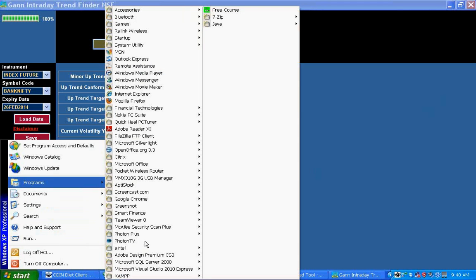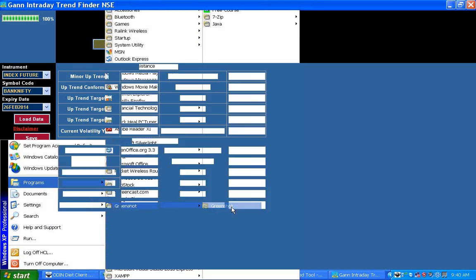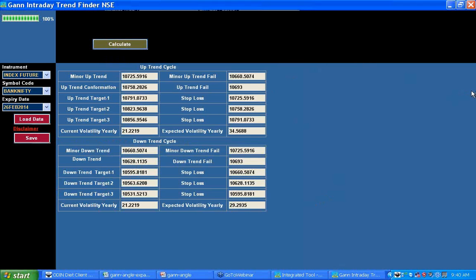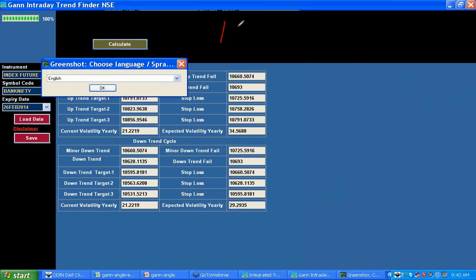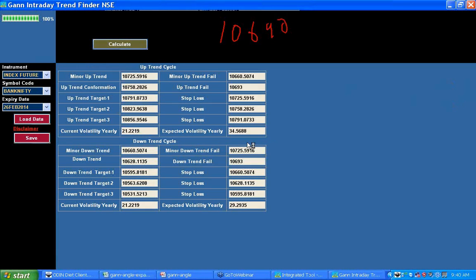other factors like the volatility at this particular time, and the expected volatility by the end of the day, that is also given to you. So this is based on the trend.